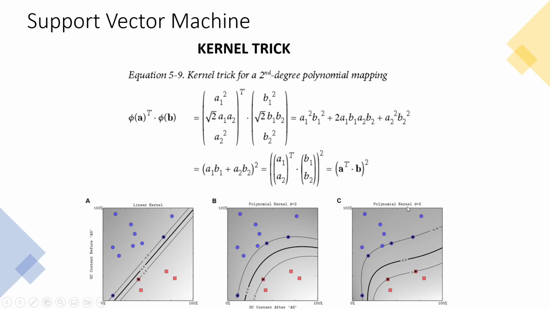If you use a kernel with a higher degree polynomial, then you obtain a more complicated decision boundary. So that's basically the idea behind the kernel trick, and this is basically how support vector machines work. They just get the dot products of the samples in a higher dimension. And depending on the dimension, if the problem is separable, I'm not saying linearly separable, if the problem is separable in that dimension, then support vector machines can classify your data. And they can do this in a very good way.